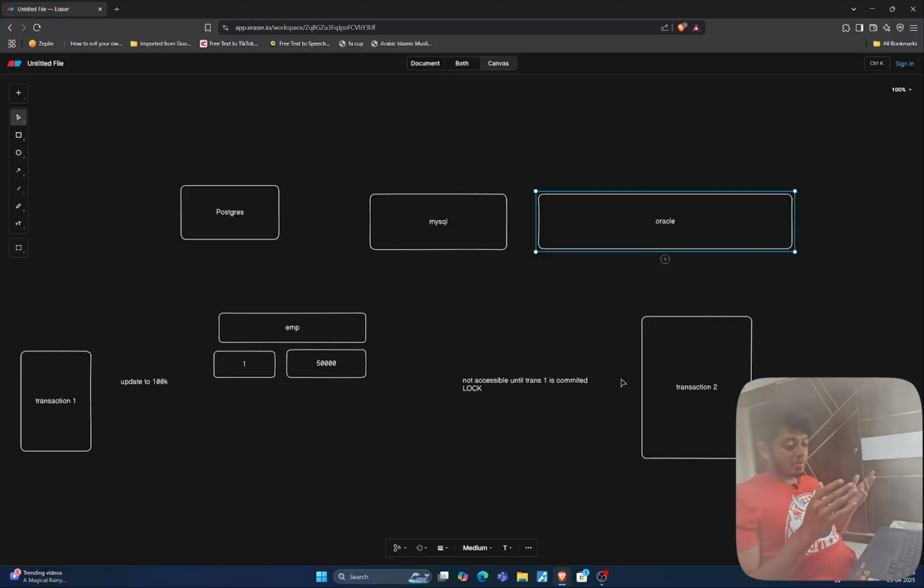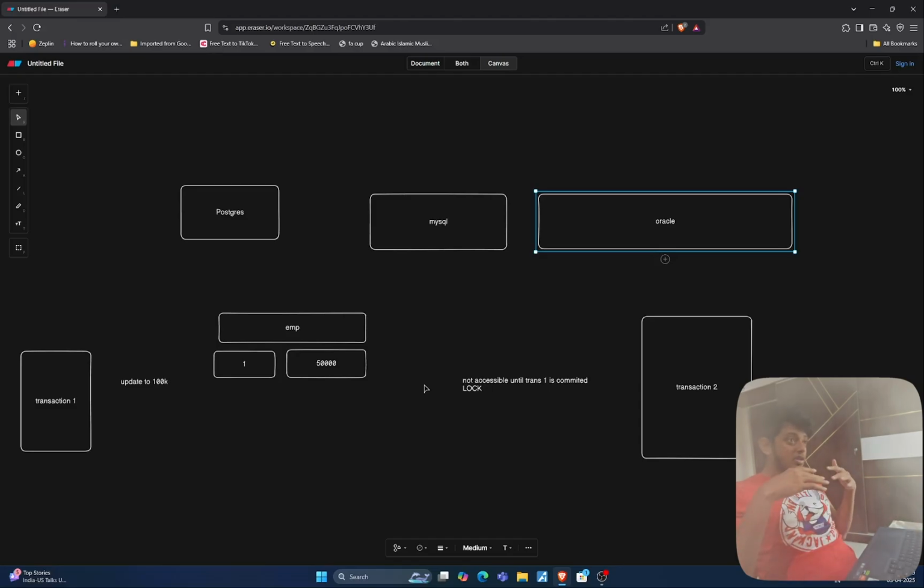Until that happens, transaction 2 will not be allowed to process on that table. This is termed locking, and locking is actually very useful, because if it was not allowed, this data read would be useless, because it would get the old data.